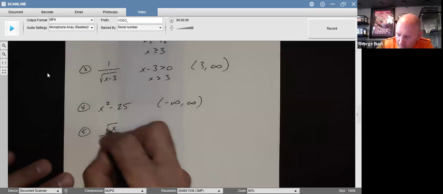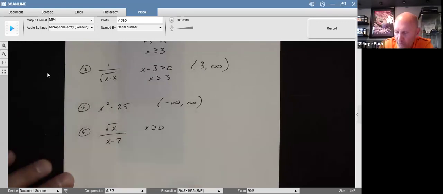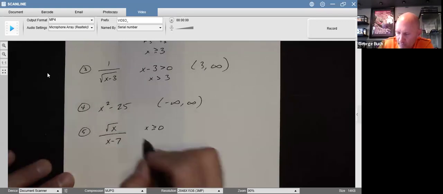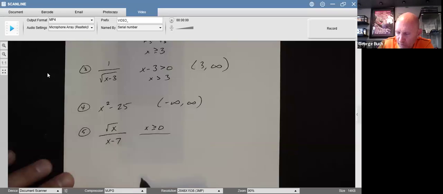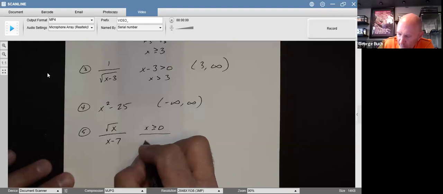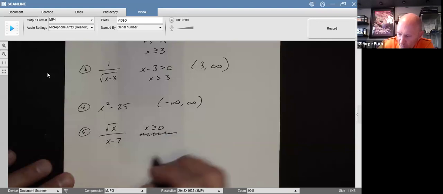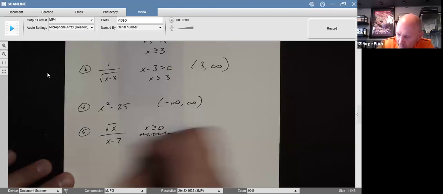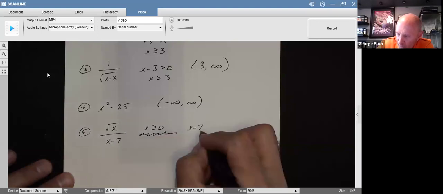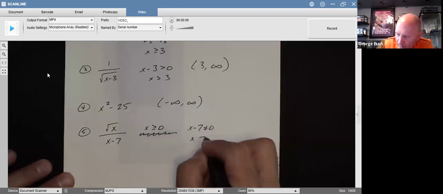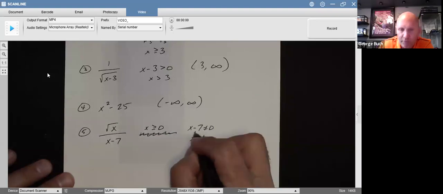So that means x is greater than or equal to 0. Okay, that's fine. Nothing more for me to do there, but now the denominator. I'm just doing these separately. So x minus 7 cannot be 0, so x cannot be, if I add 7 to both sides, positive 7.